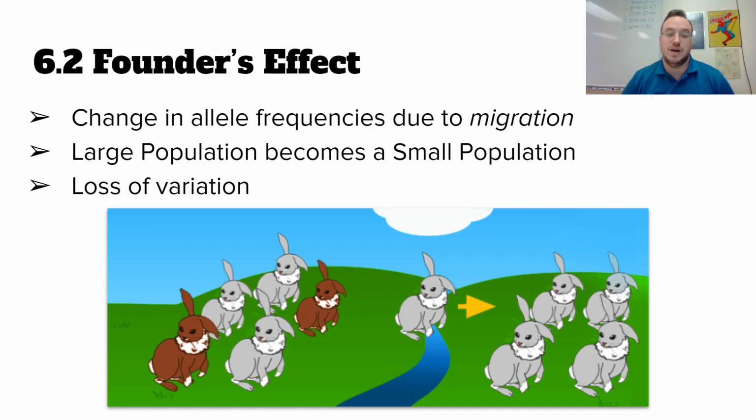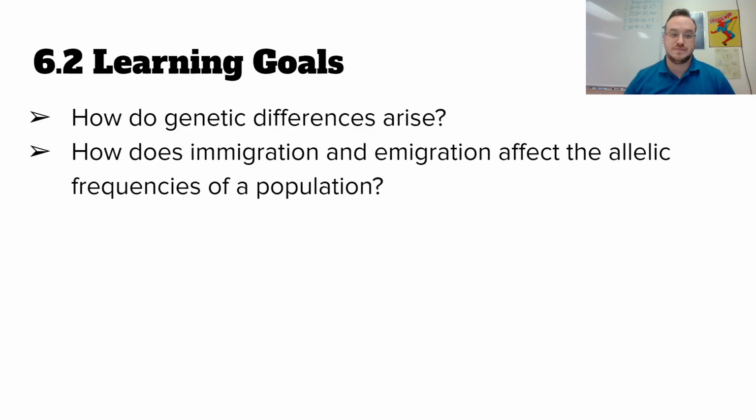I'm not saying all Amish people have 6 fingers. I'm saying that more people in the Amish population have 6 fingers than those people in the Ohio population that have 6 fingers. So those percentages are different. The allele frequencies are different.